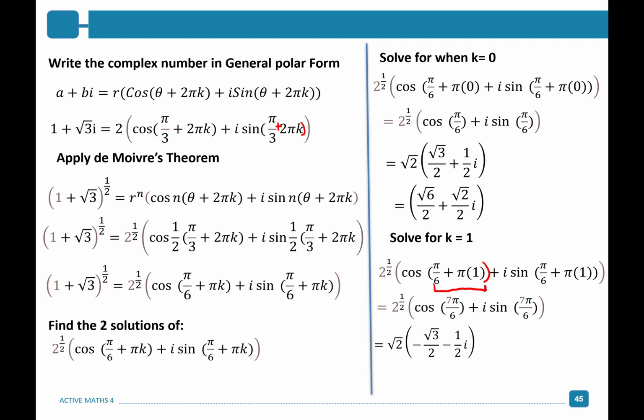Multiplying our values by our modulus leaves us with minus root 6 over 2 minus root 2 over 2 times i. Please pause and take down the solution.